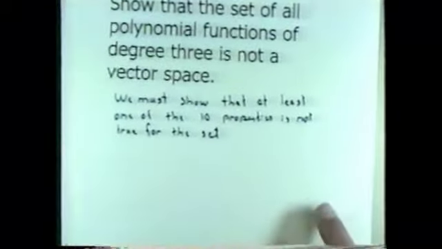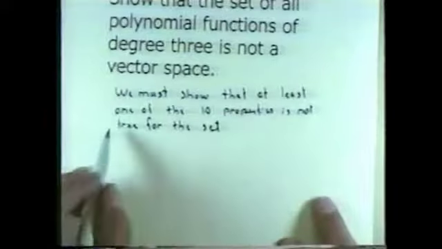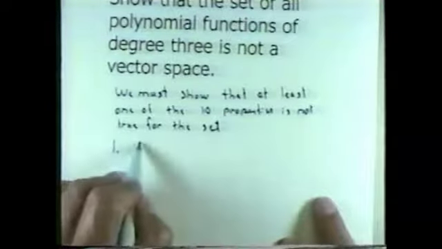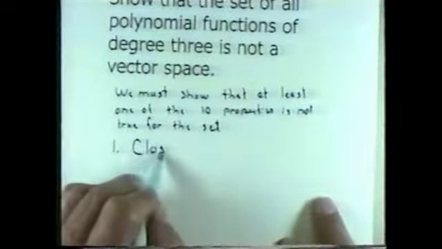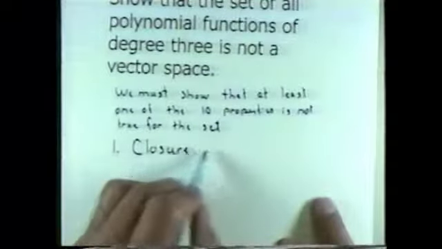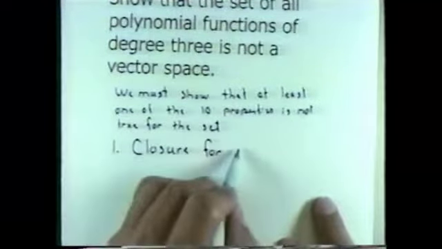Well, since I don't know which one may or may not be, we just go through the list. We'll look at closure for addition.